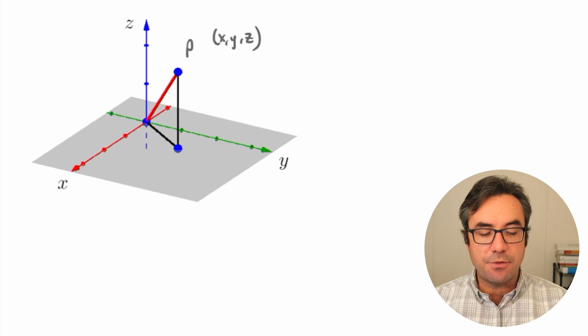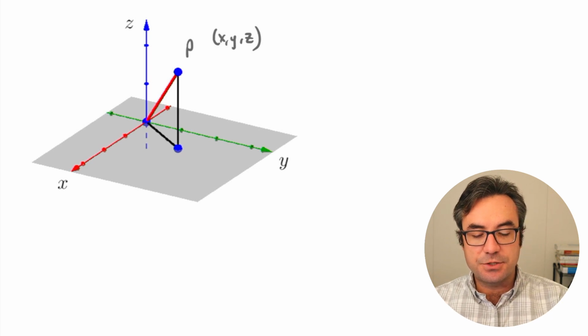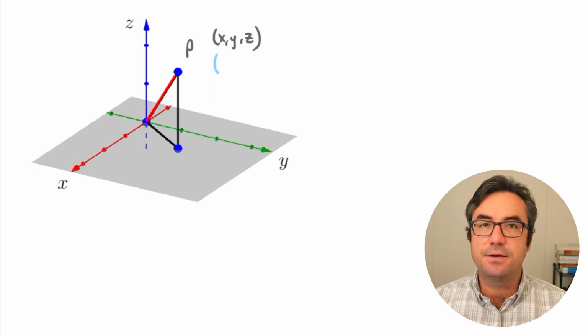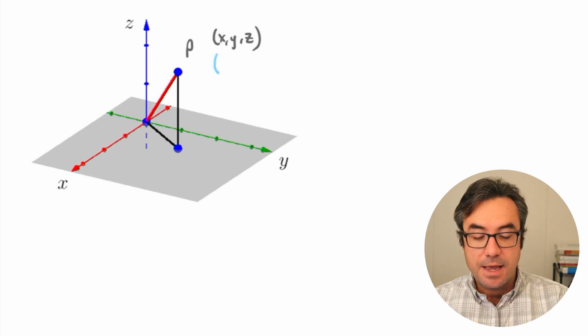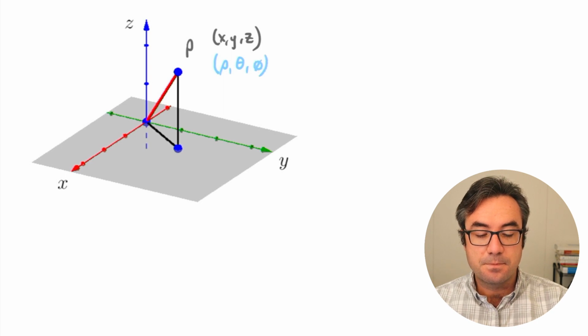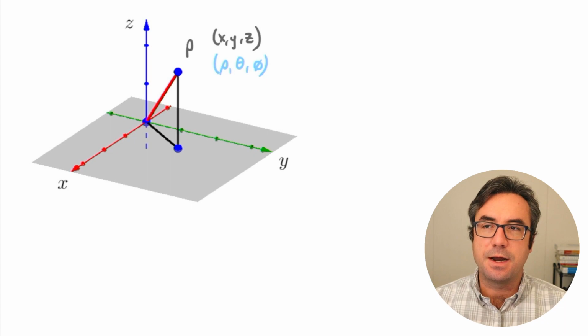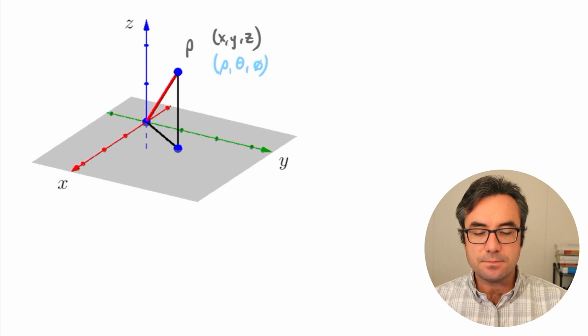What we're going to be doing now, though, is describing this in spherical coordinates, using three different values: rho, theta, and phi.